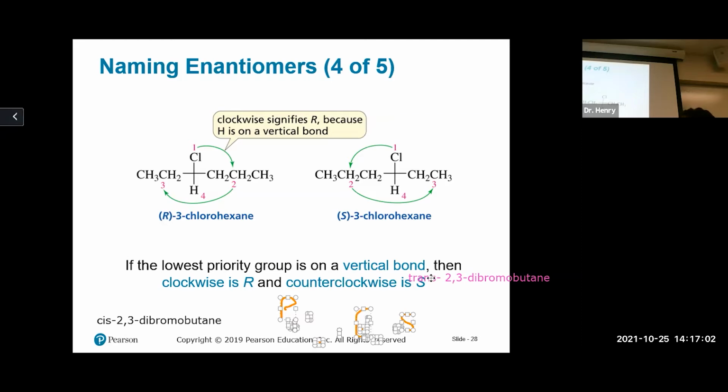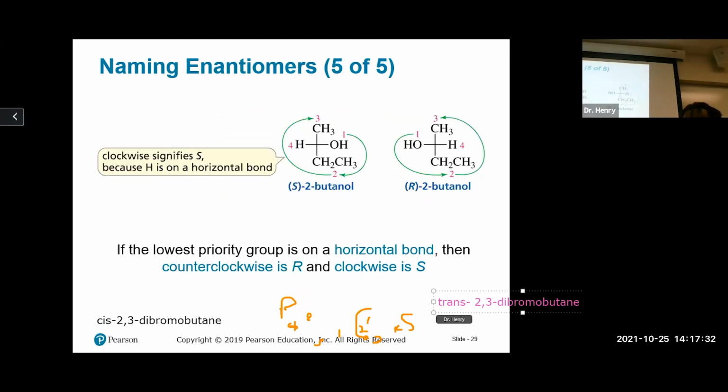So if the lowest priority is on the vertical bond, in other words, lowest priority is here, then in this case, there's 1, 2, and 3. So then this is your R. This guy's 1, 2, and 3. That is your S, right? And then what was the other case? It's the one that's complicated right here.